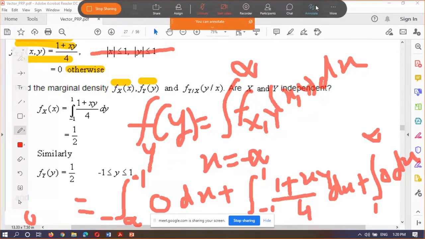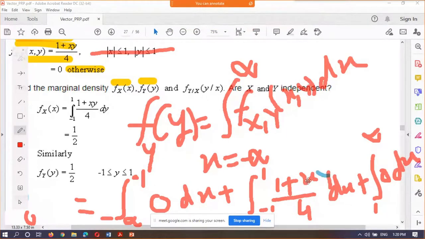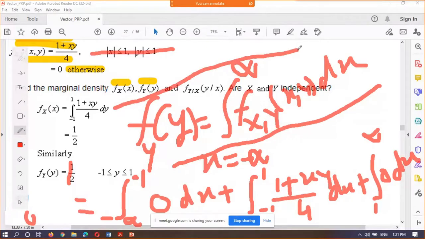This is the definition. So you can say this part is 0 and this part is 0. Only you have to calculate the integration of this part. And here it's an odd function of x, so its integration is 0, and this is an even function of x, so it will be 2 times 0 to 1, and finally you will have this 1 by 2. So it's nothing new, it's just integration, and if you don't know the integration then it's a problem, because till now the concept new to you is the definition of calculating marginal from joint density function.